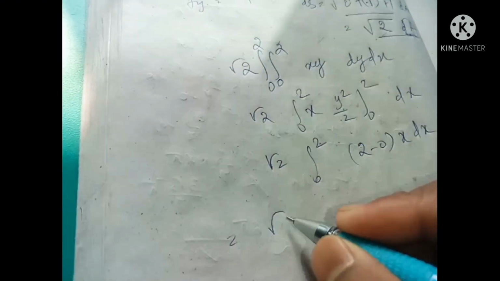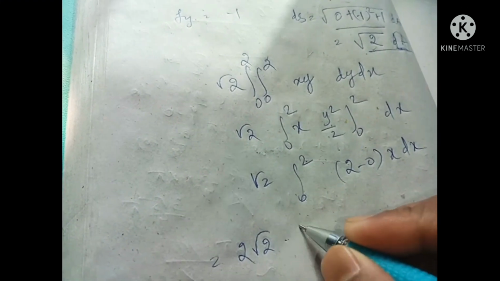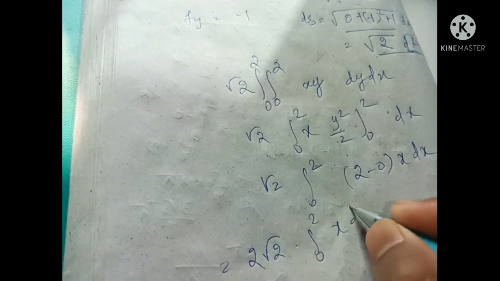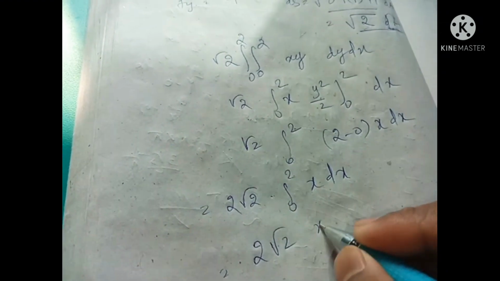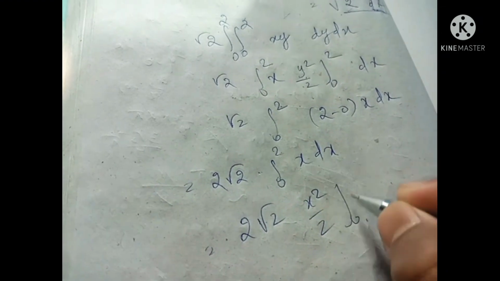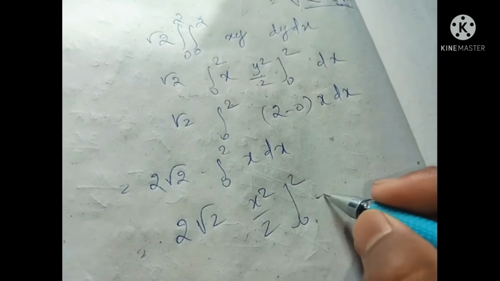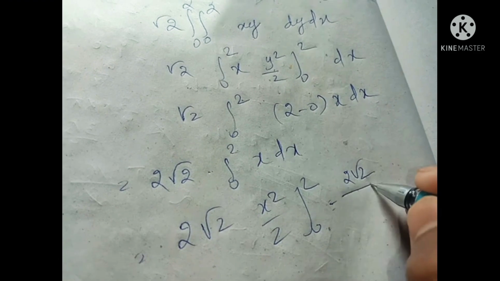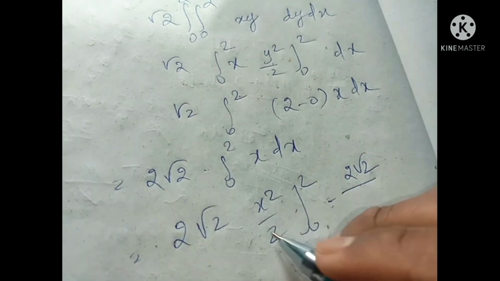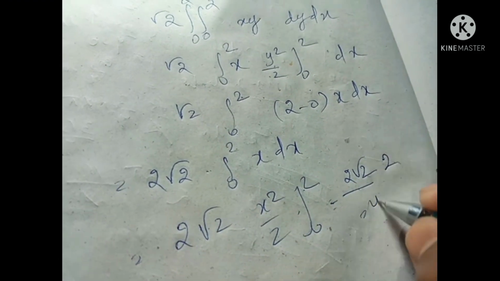Then we go for 2 root 2, integral 0 to 2 of x dx. After computing x squared by 2 from 0 to 2, it is also 2 root 2. Here 4 by 2 is 2, so 4 root 2 is your answer.